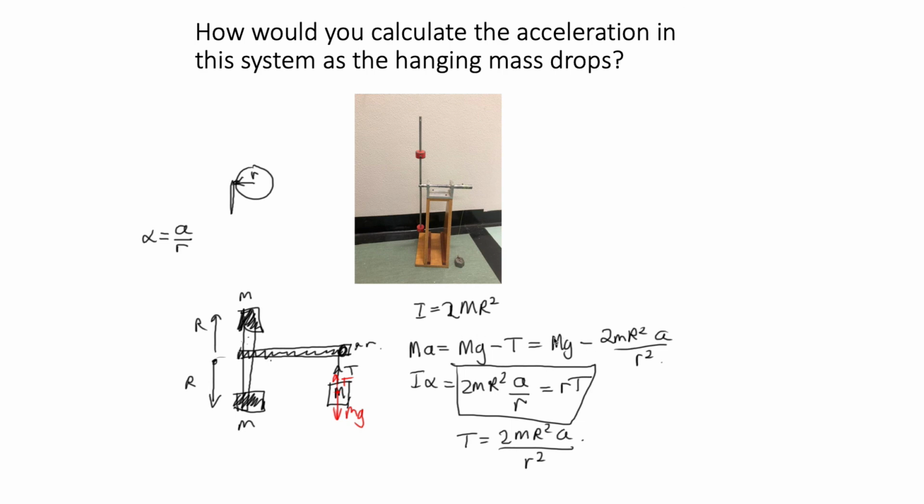We want to rearrange this to get the acceleration, so we'll move this over to the left hand side, and we've got M plus 2mR squared on r squared, times a, is equal to Mg. And so the acceleration is equal to Mg over M plus 2mR squared on r squared. And this gives us an expression for the acceleration of this hanging mass as it falls.